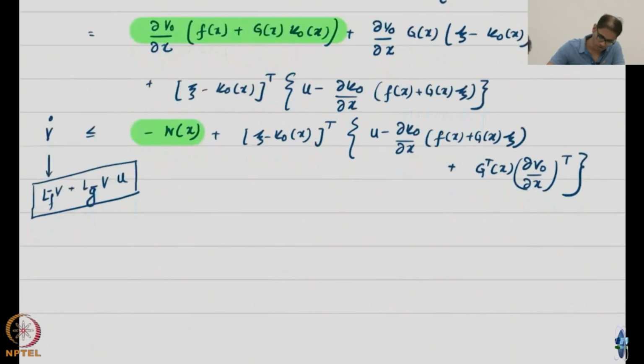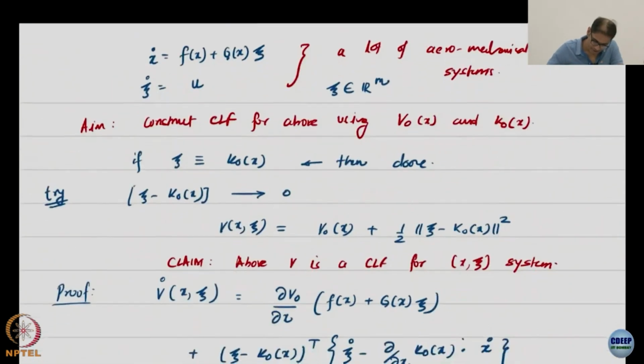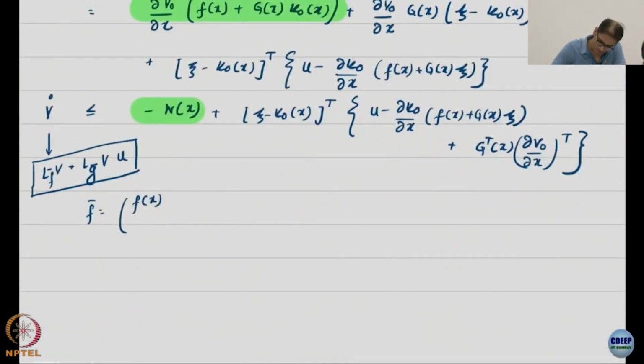In this case, what would f bar be? F bar would be fx plus gx psi, and 0, and g bar would be 0 and identity.